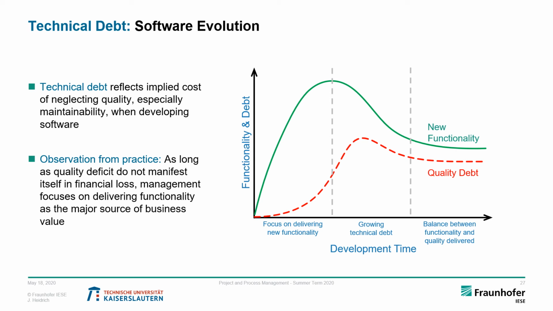This is a little bit illustrated on the right-hand side in this figure. Basically, this green curve represents the functionality that is added to the software. And at the beginning, of course, a lot of new functionality is added. But in a lot of cases, and we work together with companies where this really was a big issue, the focus was solely on functionality and not really on adding software that is easy to maintain in the future.